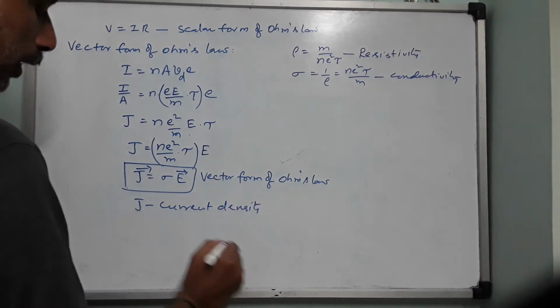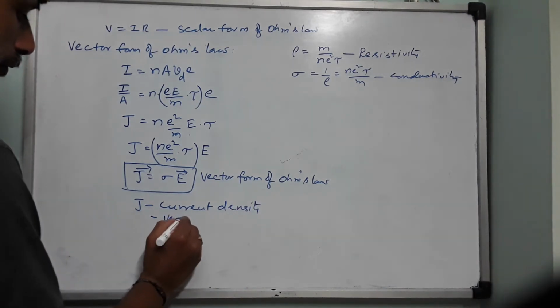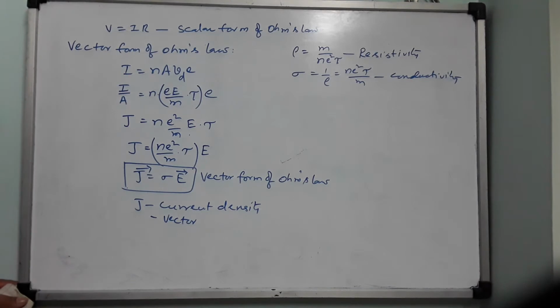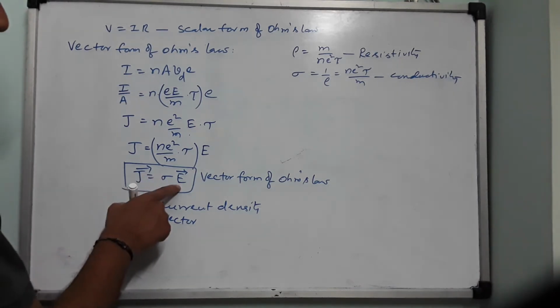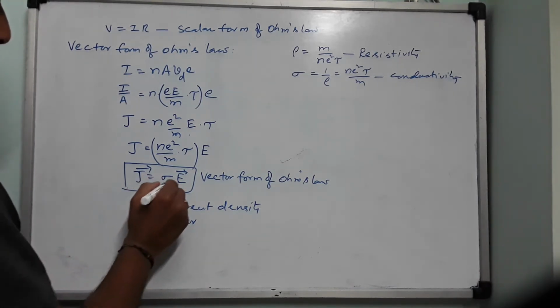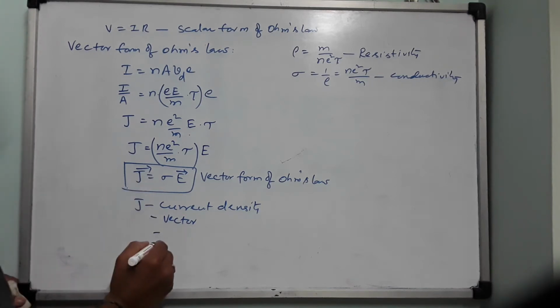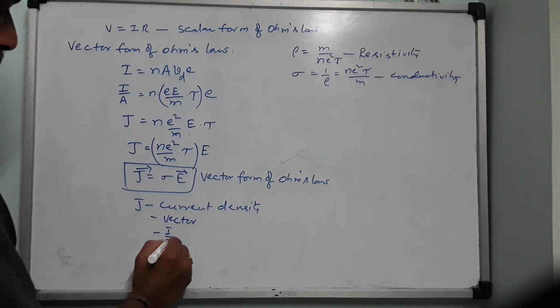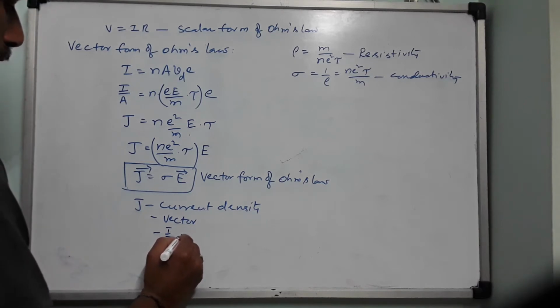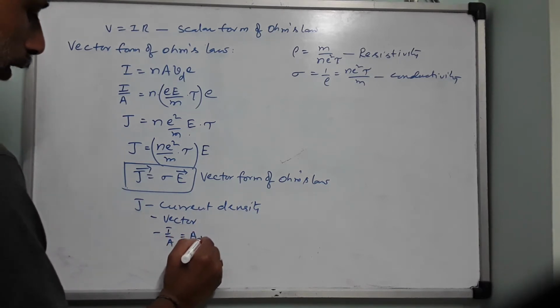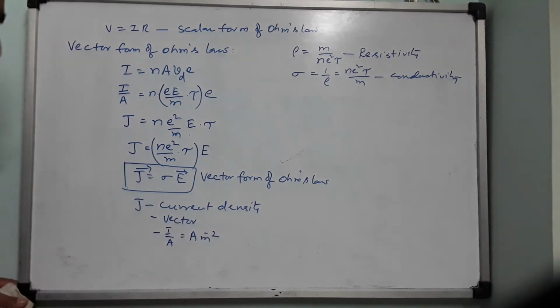Right? It is a vector quantity. Its direction is same as that of electric field. SI unit is, J is nothing but I by A. I is measured in what? Ampere, meter power minus 2.